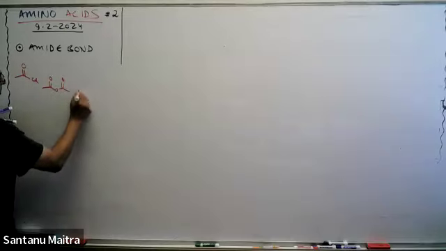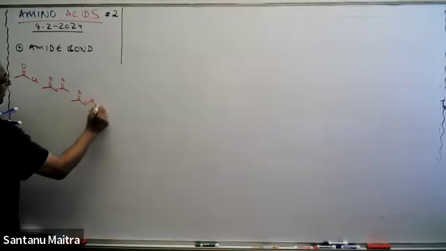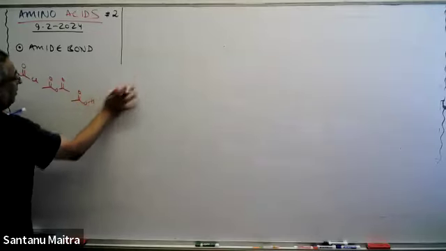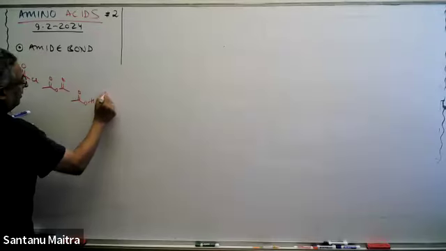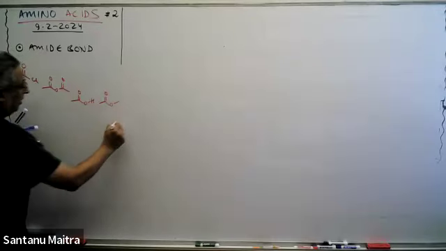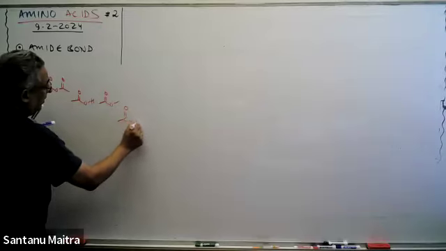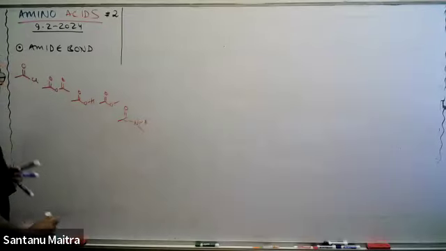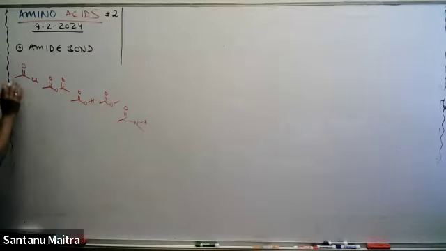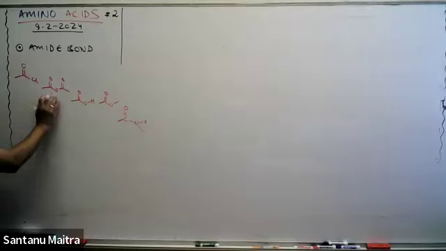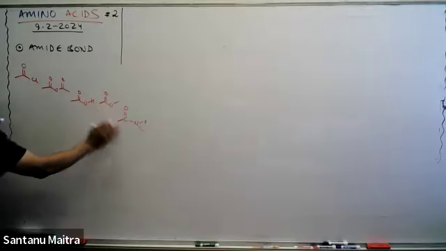Then the next one is carboxylic acid. Then the next one is an ester. I'm just using the same color, okay? And the next one was an amide. And let me draw a secondary amide.